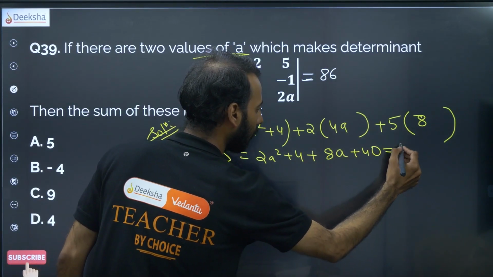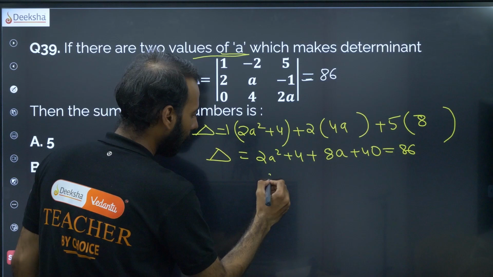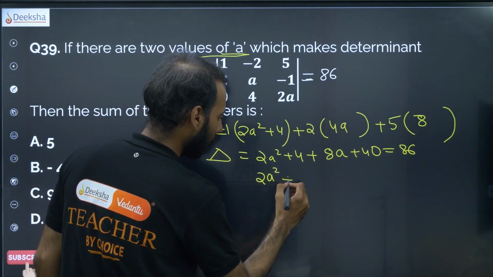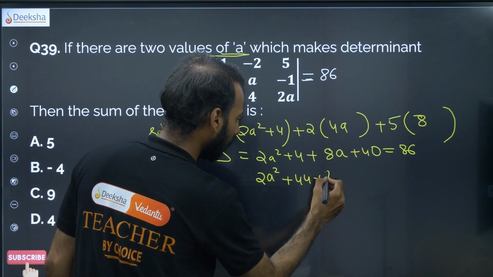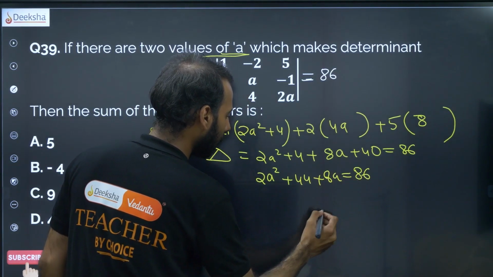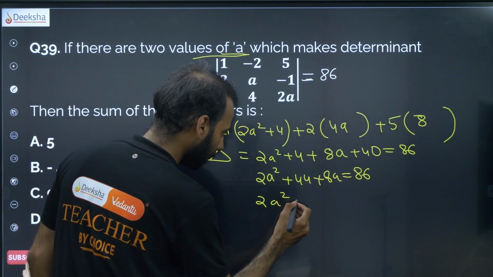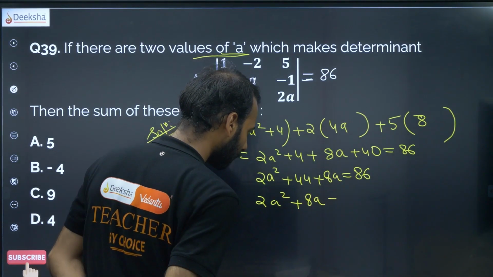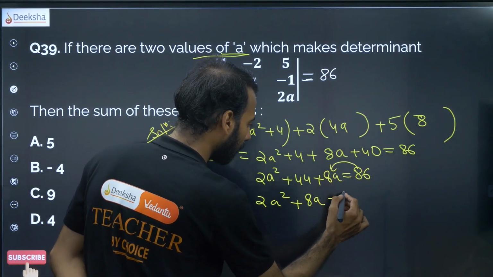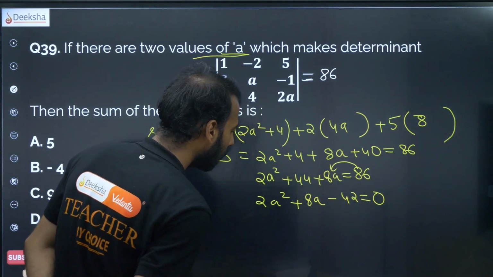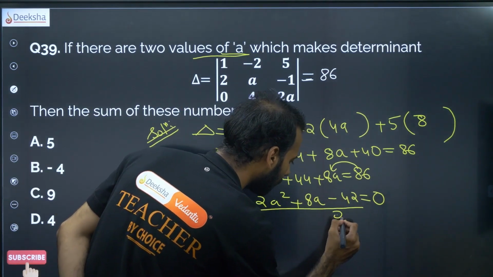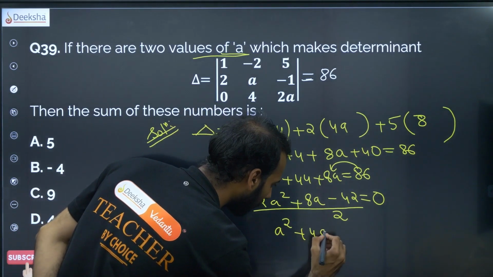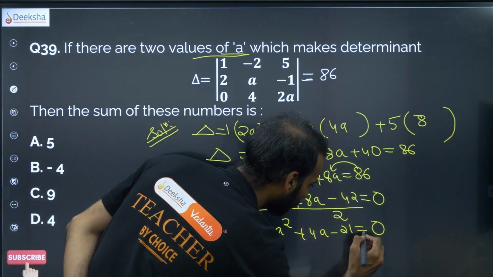So further this is equal to 86. Now 2a square plus 44 plus 8a is equal to 86. So 2a square plus 8a minus, if I transpose this, minus 42 is equal to 0. If I divide by 2 on both sides, this becomes a square plus 4a minus 21 is equal to 0.